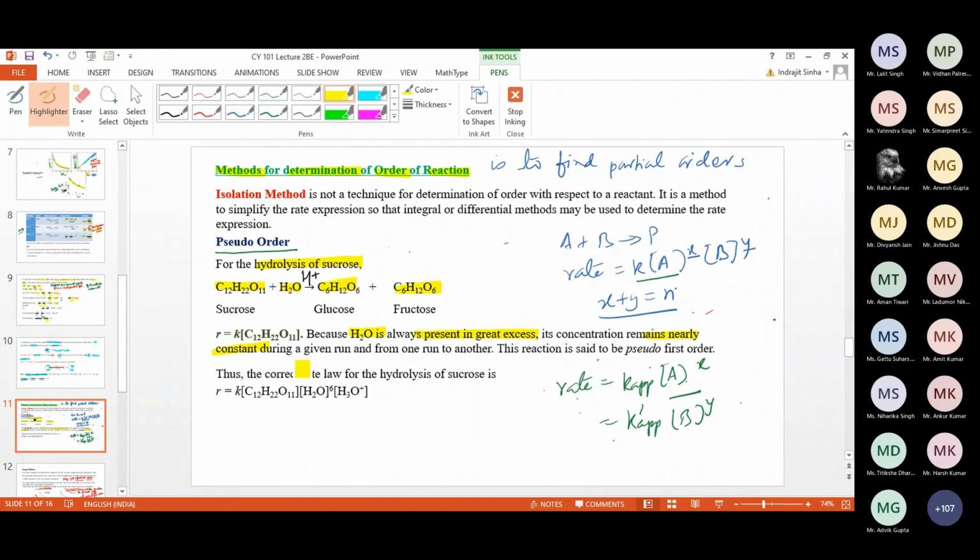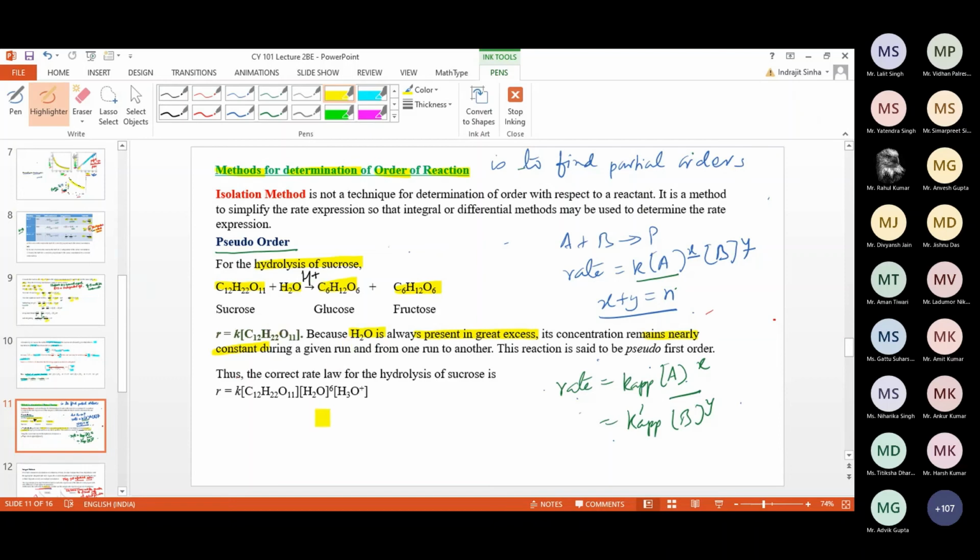What is present in much lesser concentration, that is sucrose, you just track that, because the change in the other is very, very small, so you can always neglect it. Likewise for H plus as well. Acid concentration is also much more in excess.